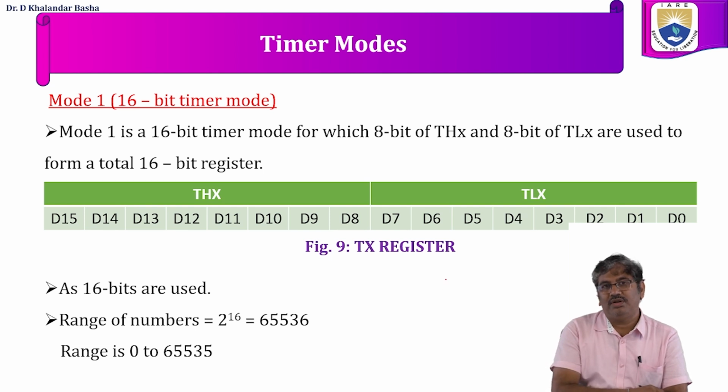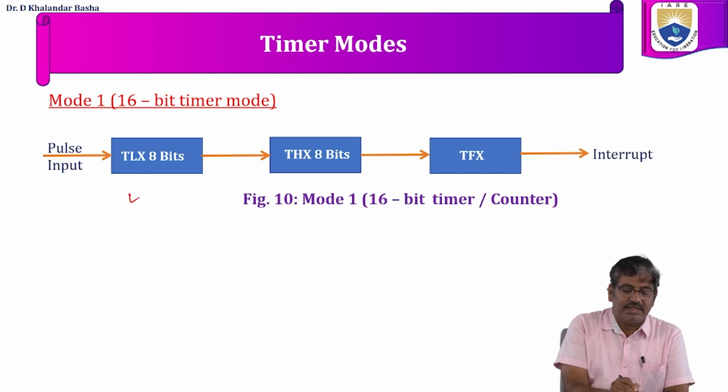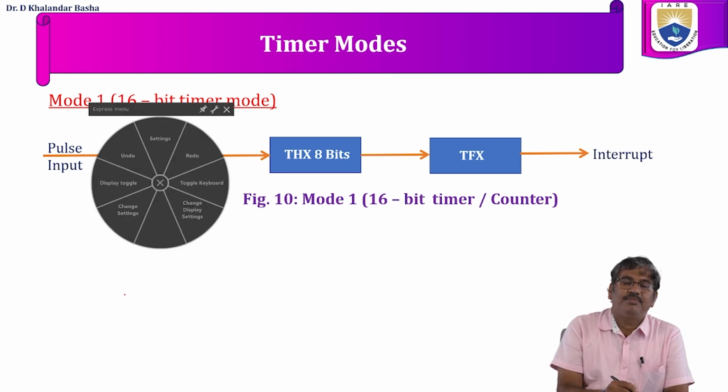In mode 1, the 16-bit timer, we use the lower 8 bits TLX and the upper 8 bits THX. The maximum count here is 65,536 pulses, with a range from 0 to 65,535. For every pulse, TLX will be incremented by 1.